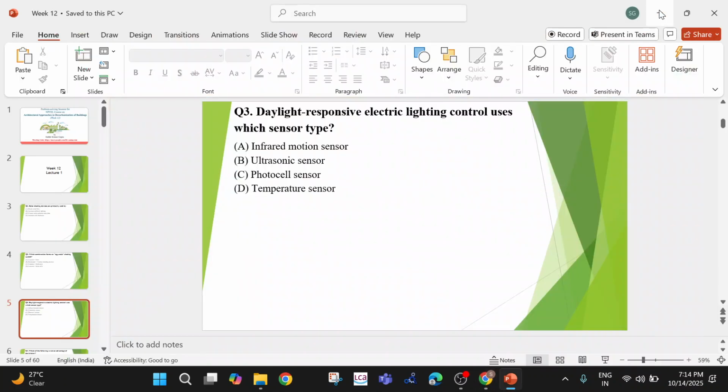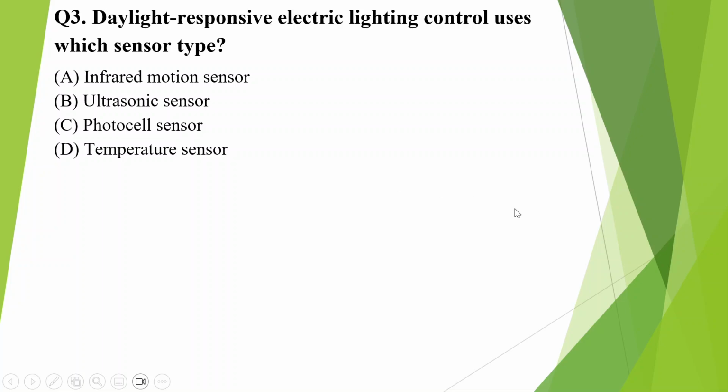So all of you have already answered it, and the correct answer is option C only. Photo cell sensors. They detect the daylight levels inside the space and then adjust the electric lighting system accordingly to save energy. Correct, your concept is correct.